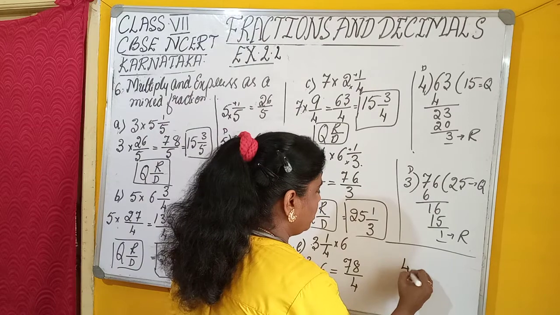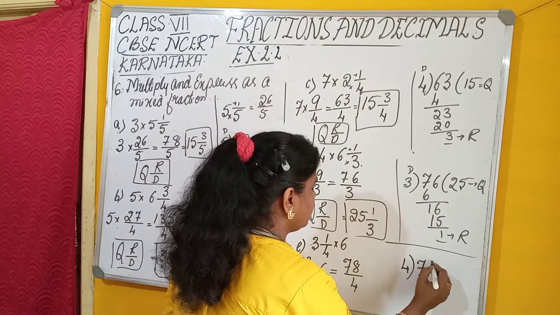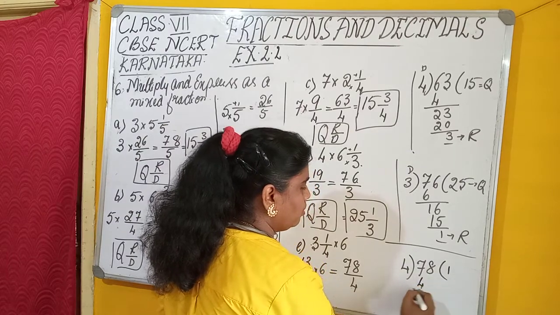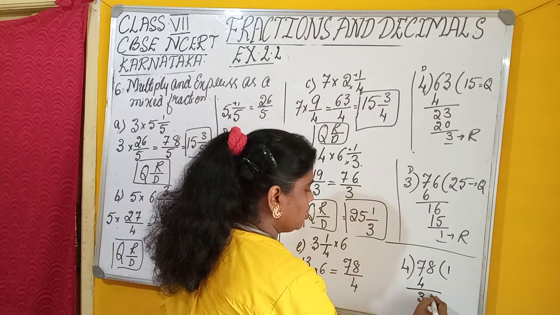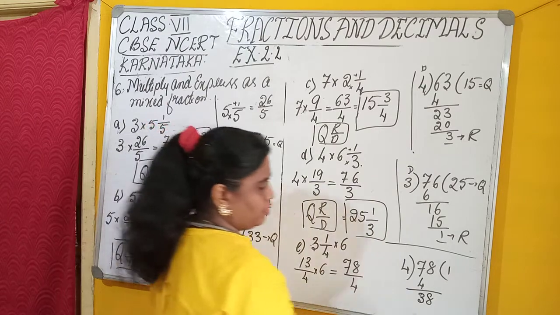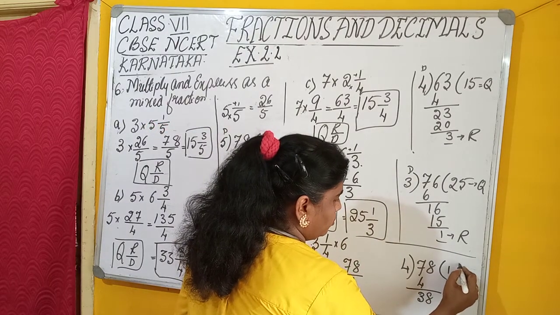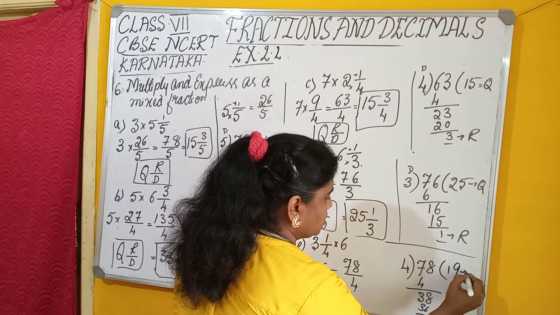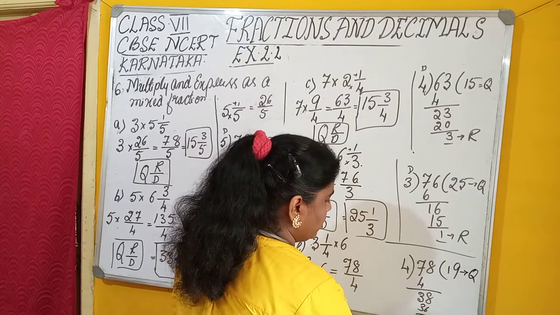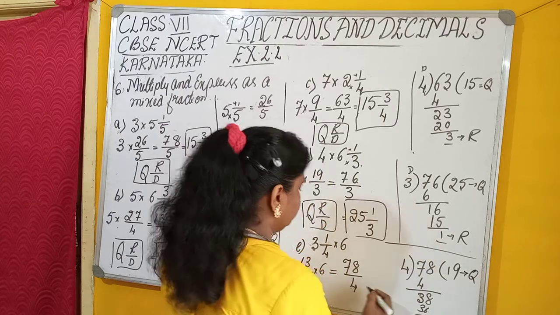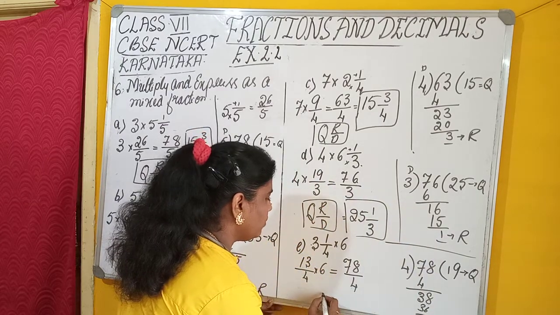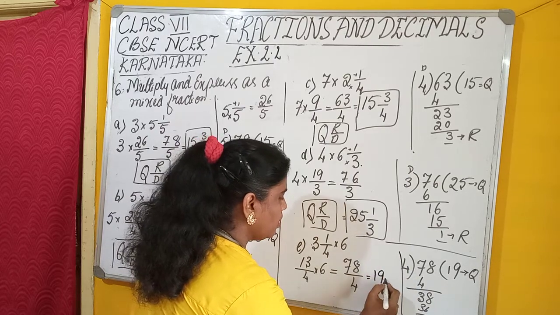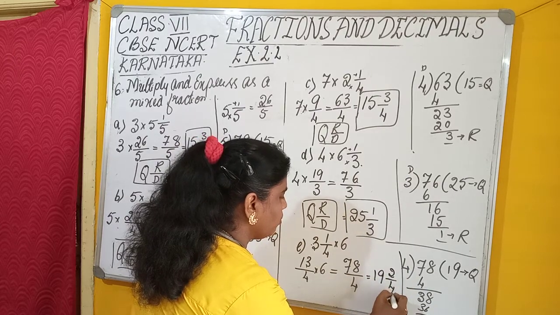That is 78 divided by 4. 4 ones are 4, 38, 4 nines are 36. Remainder is 2. QRD form is 19 2 by 4.